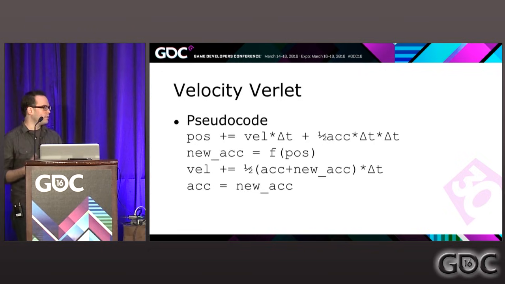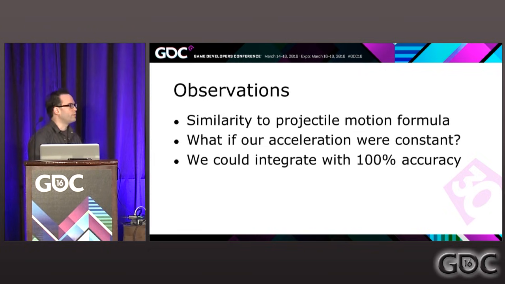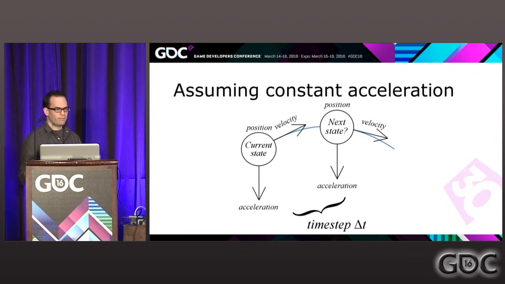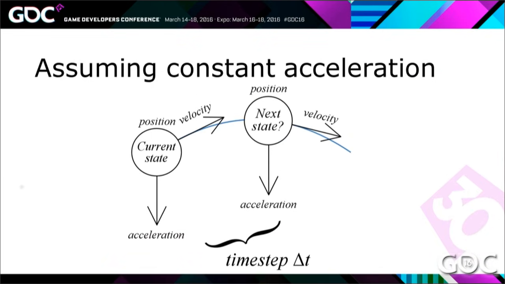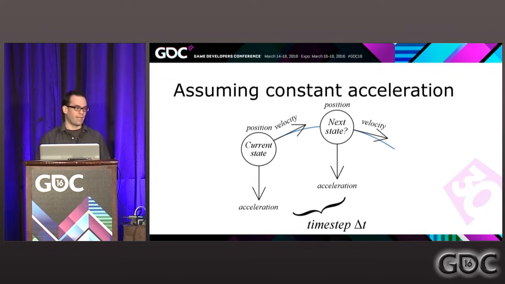What's also interesting to notice here is we have this 1/2 acceleration times the square of the delta time term. And that sort of recalls our original projectile motion formula. And in fact, if we think about it in those terms, we have this projectile motion formula, and that already answers the question of, given any set of initial conditions, for instance, the previous game state, we know with 100% accuracy where our player is going to be at any time in the future, for instance, after this delta time.